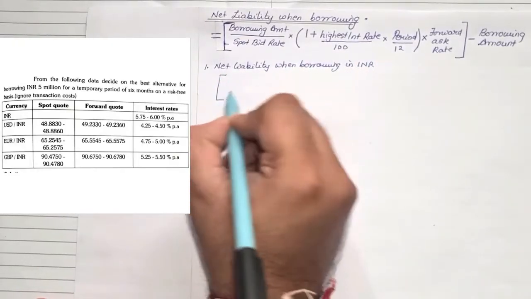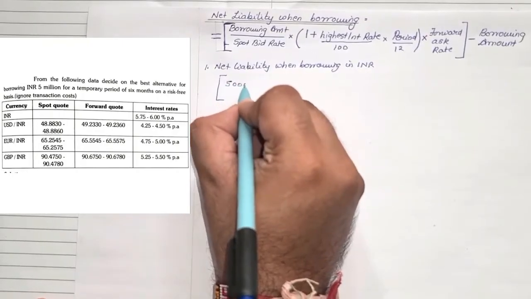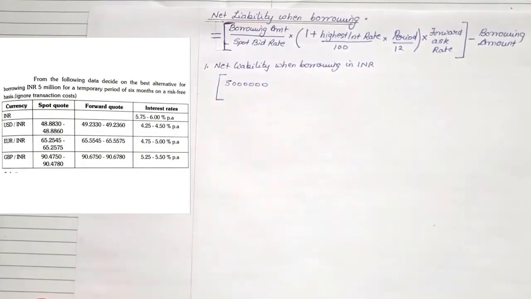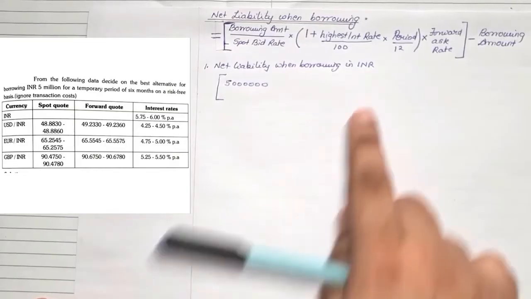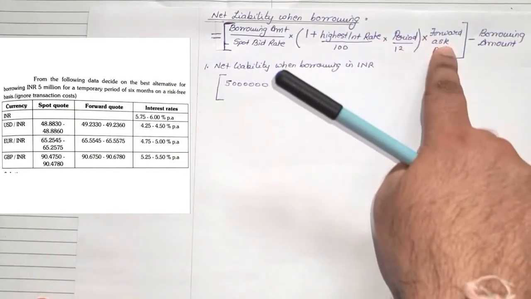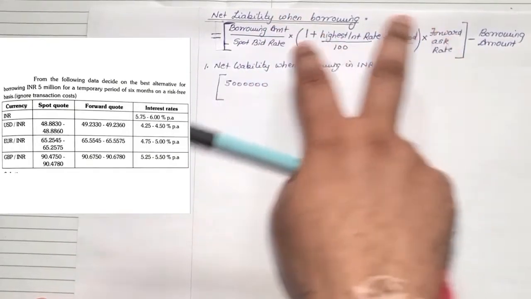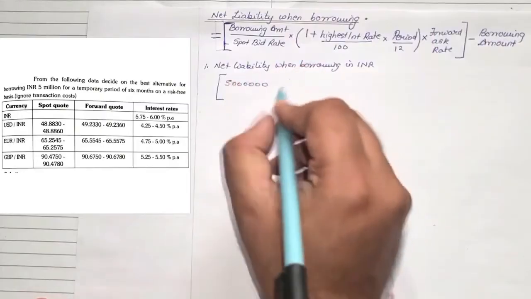Again, our formula will remain the same. Borrowing amount, they want 5 million, so 1 million is 10 lakhs, so 50 lakhs. Now remember, in INR you won't have any spot and you won't have any forward. The rest of the formula remains the same. The only thing is there won't be any spot and forward or bid and ask rate. They will be direct values.